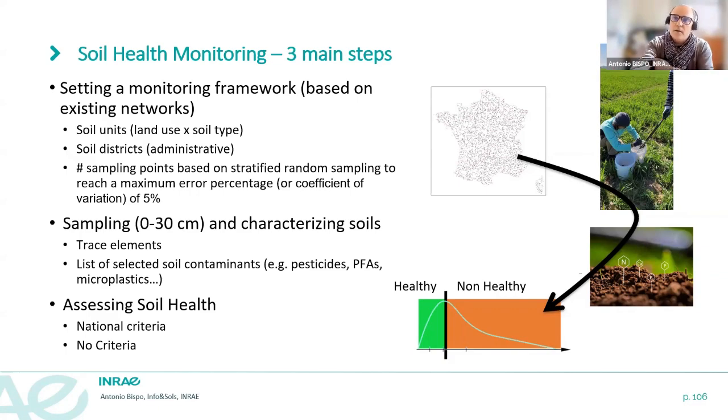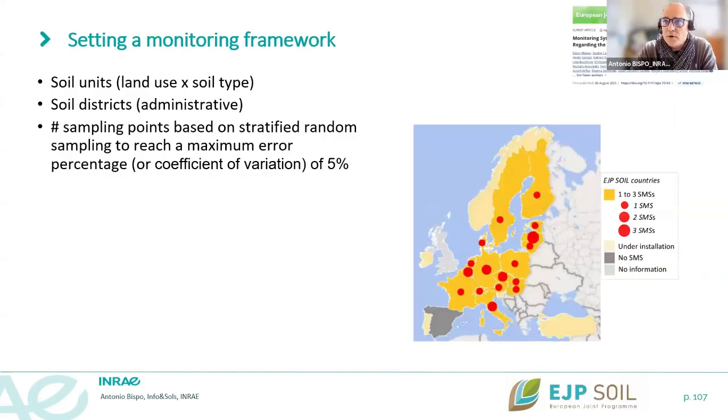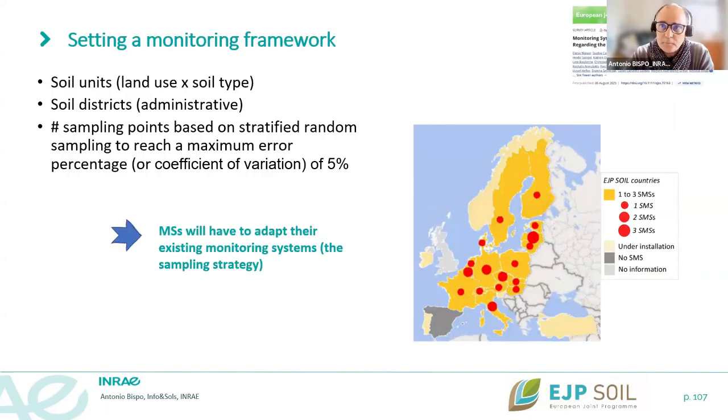And so I will come back and see what we already have and what we need for each of those steps. So the next slide, please. If we look at the monitoring framework, well, I told you we need soil units, we need soil districts, and we need a number of points.